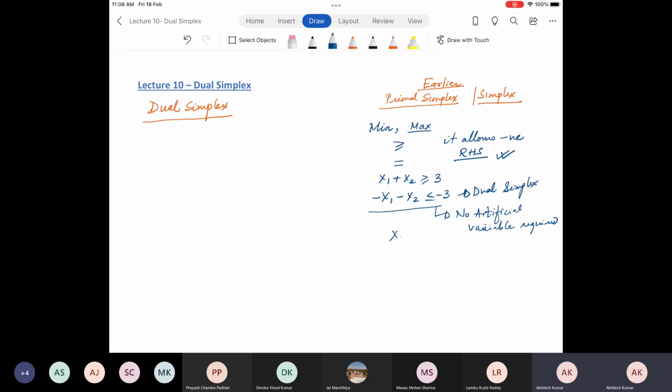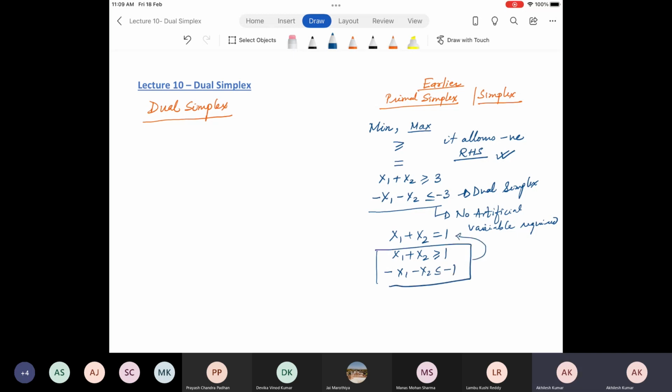Second thing: suppose there is a constraint x1 plus x2 equals 1. How can we work with this kind of constraint? Convert it into two constraints, x1 plus x2 greater than or equal to 1 and minus x1 minus x2 less than or equal to minus 1.